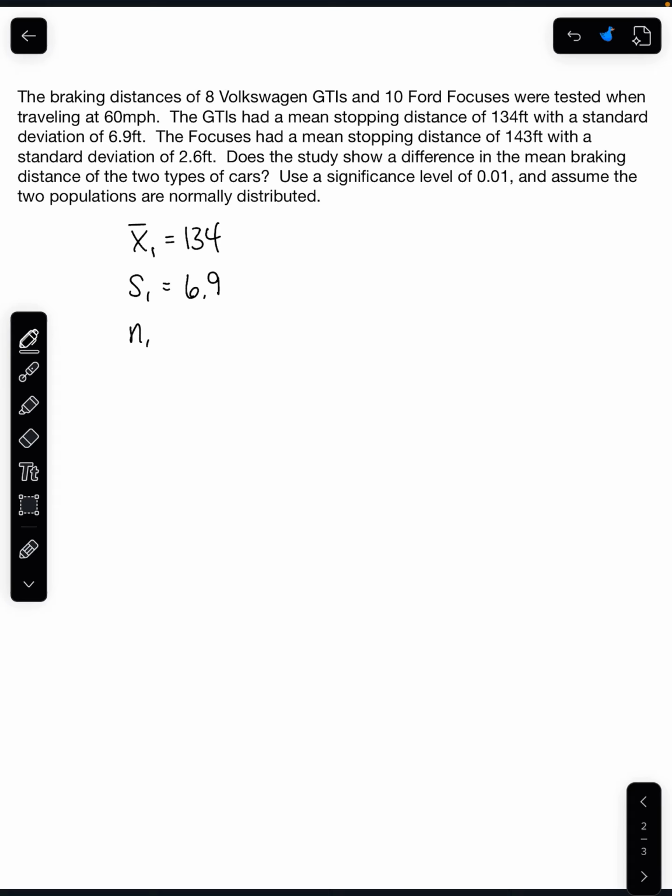And there were 8 total. For the Ford Focuses, we had x sub 2 bar is equal to 143 feet. S sub 2 was equal to 2.6, and n sub 2 equal to 10. All this information coming straight out of the paragraph there.